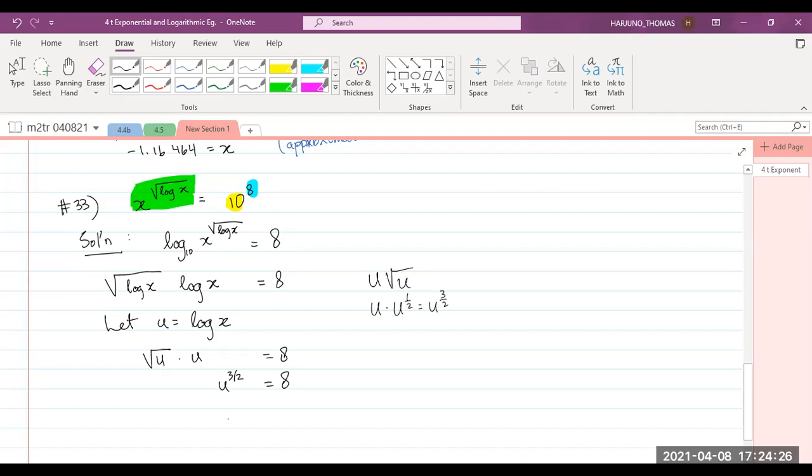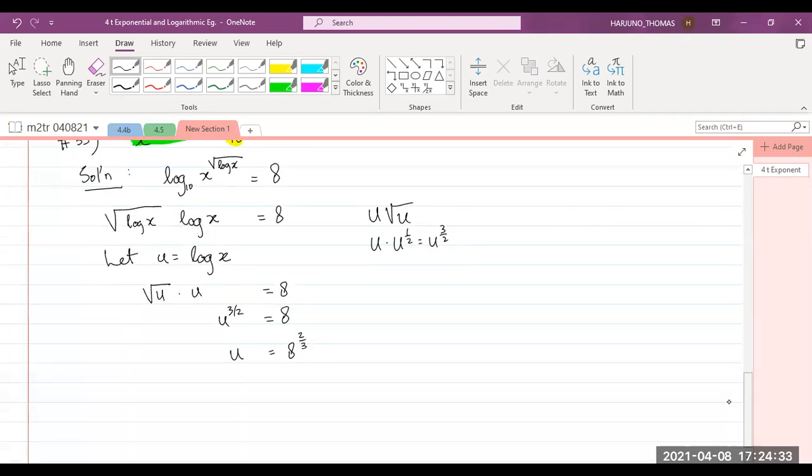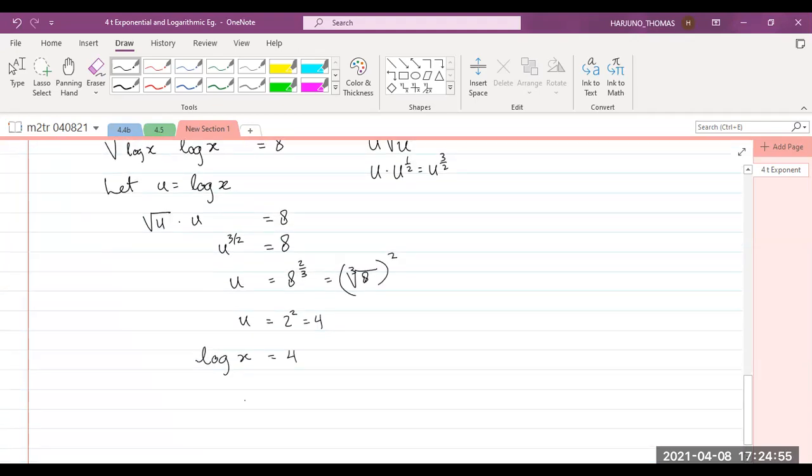Okay, so u is equal to 8 to the power of 2/3. Now, what is 8 to the power of 2/3? That's the cube root of 8 being squared. That's 2 squared, which is 4. Now, substitute your u back to log x. If log x equals 4, then what will x be?